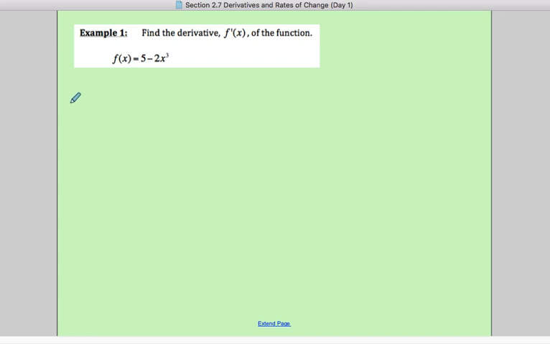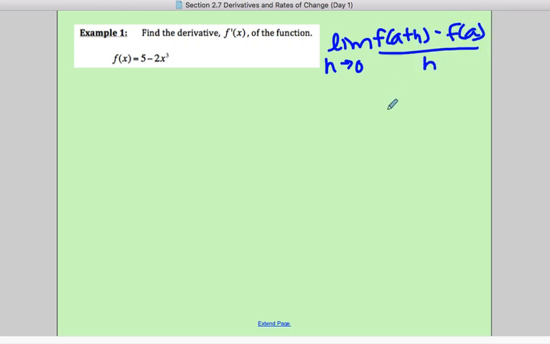So the definition we had is the limit as h approaches 0, just like we did on our last test with instantaneous velocity, of f of a plus h minus f of a all over h. Okay.